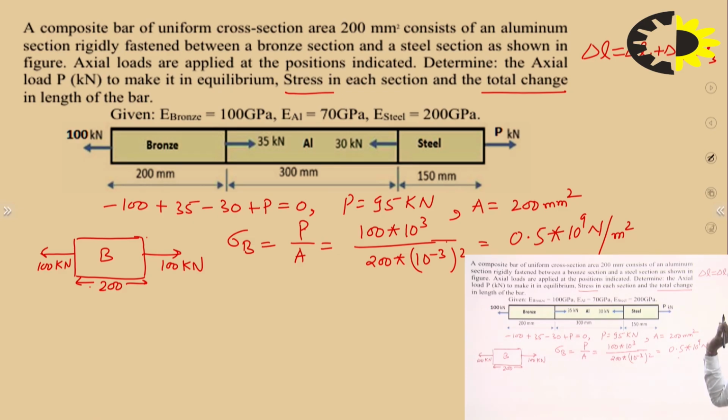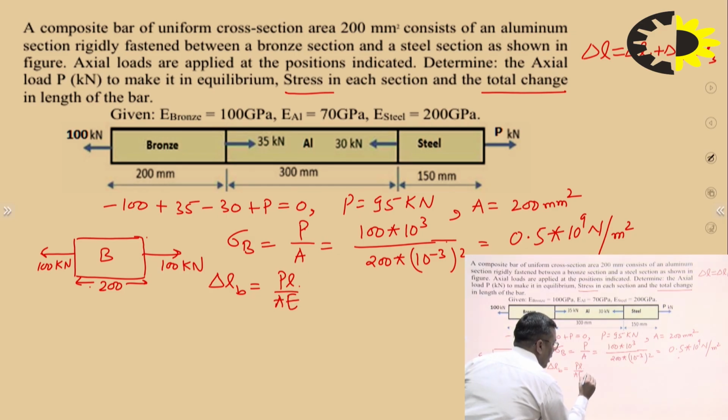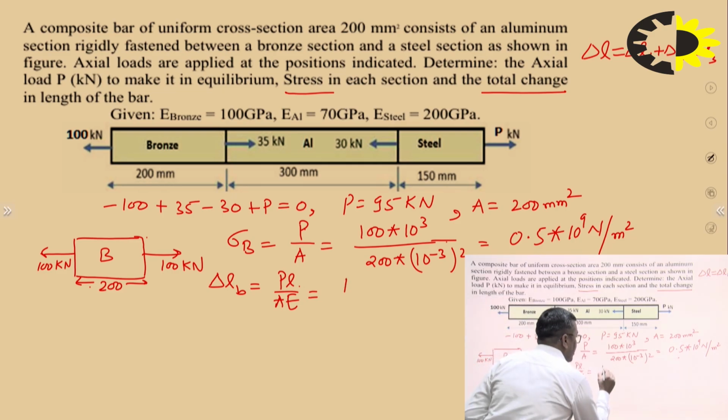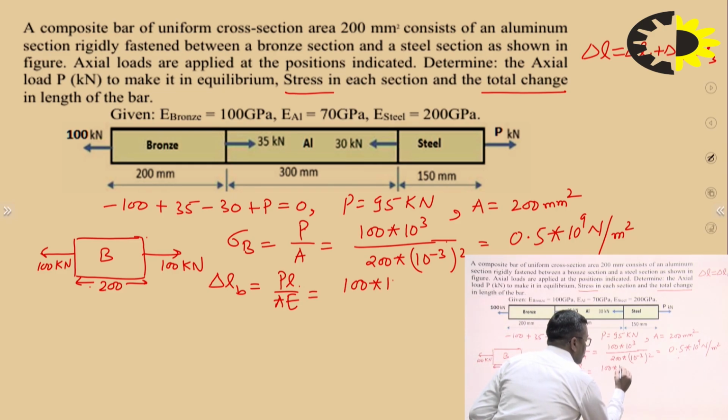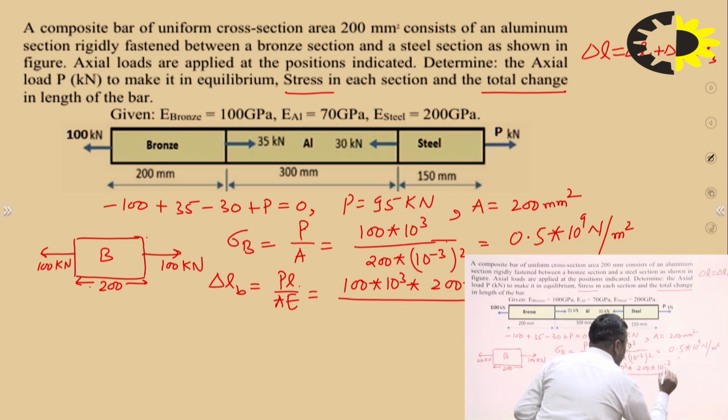What is delta L1 here? Delta L1 is the change in length of bronze. So I am finding out delta LB. How much will it be? The formula for elongation is PL upon AE. P we know, it is 100 into 10 to the power 3. L is 200 millimeter, so 200 into 10 to the power minus 3.